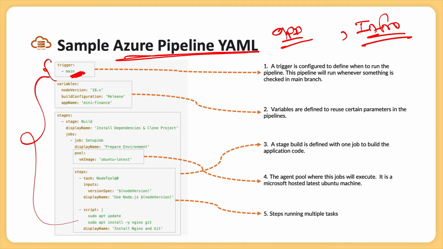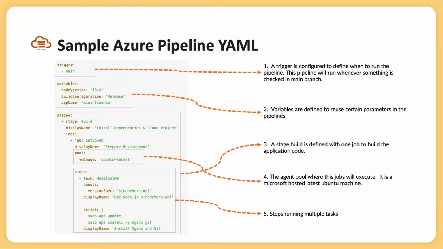So this is what we have defined here. This pipeline will start and run whenever something is checked in to the main branch.